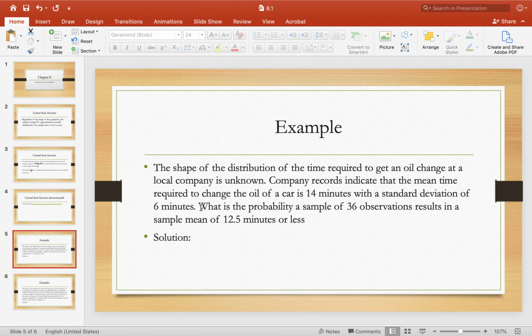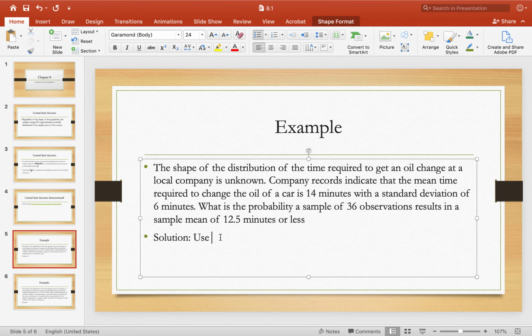It asks if we have 36 oil changes, 36 cars, what is the probability the average time to change all 36 cars is 12.5 minutes or less? So for this, we need to use the central limit theorem.